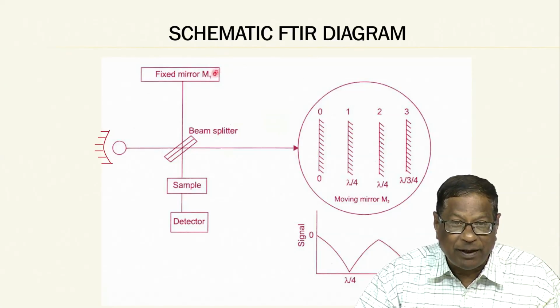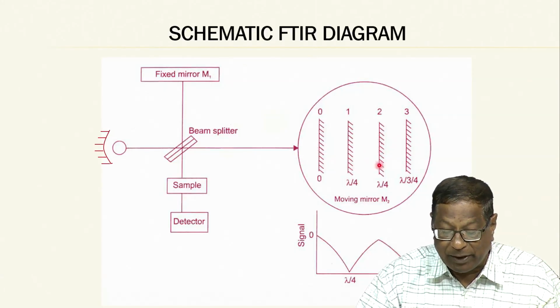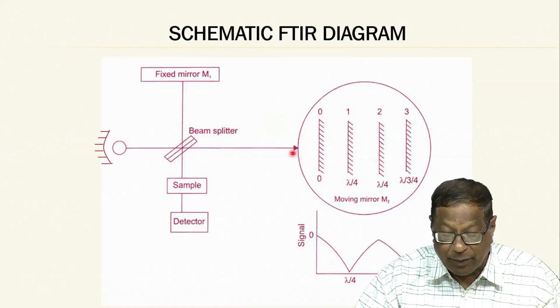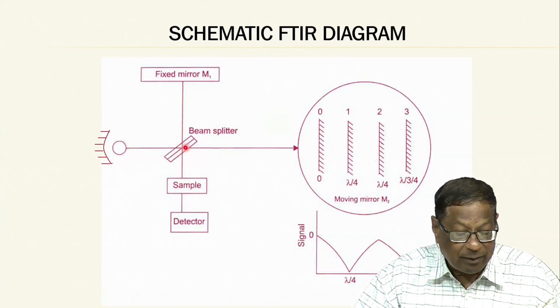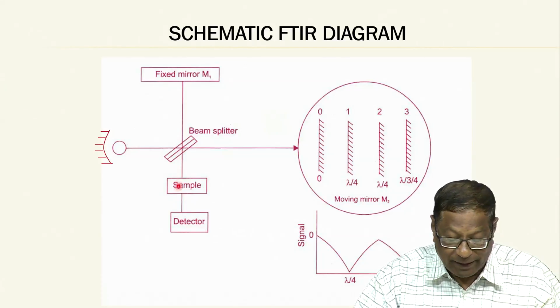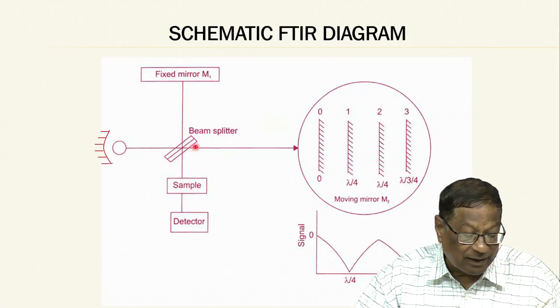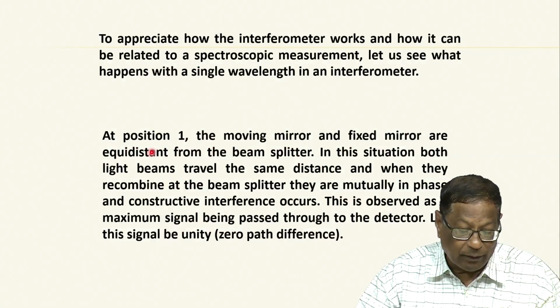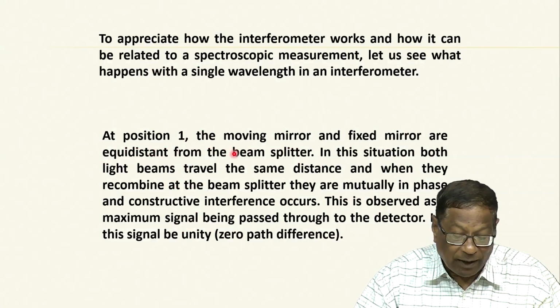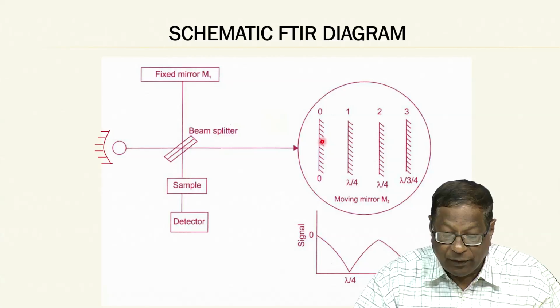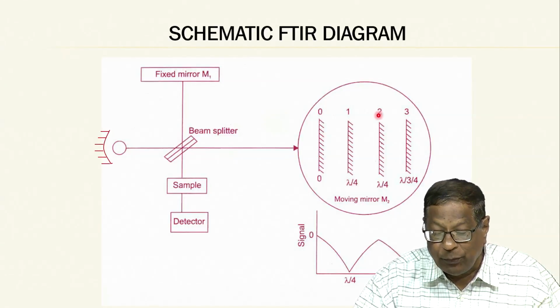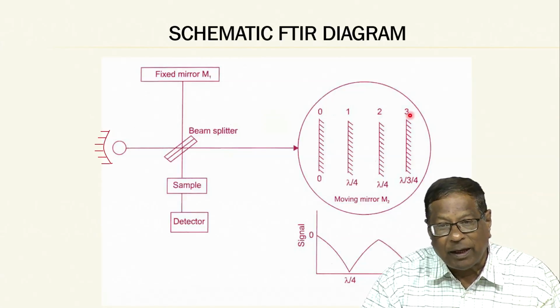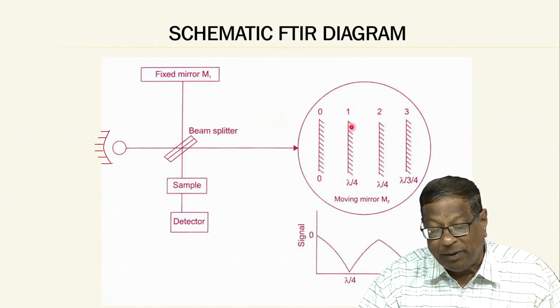Here is the fixed mirror and here is the moving mirror. The moving mirror starts from this point to this point, okay, and the beam splitter is here, sample is here, detector is here, signal is here. Okay. Now, here I have marked position 0, here it is 0, 1, 2 and 3. Actually, I can mark any number, maybe about 100.